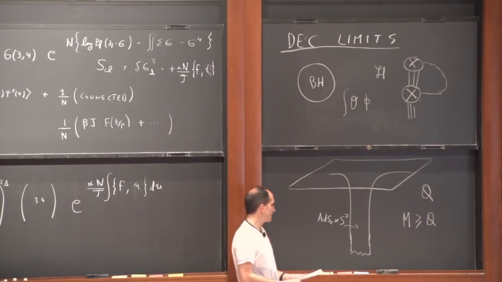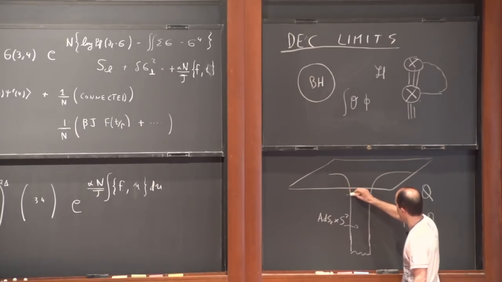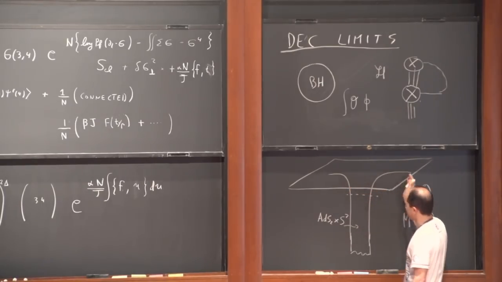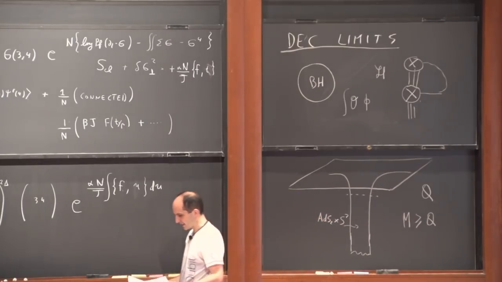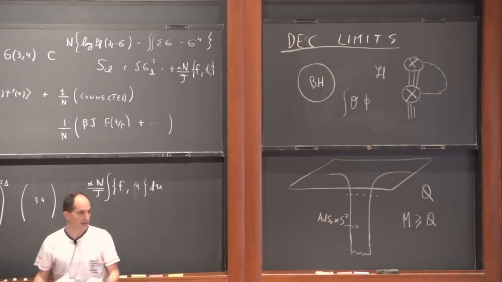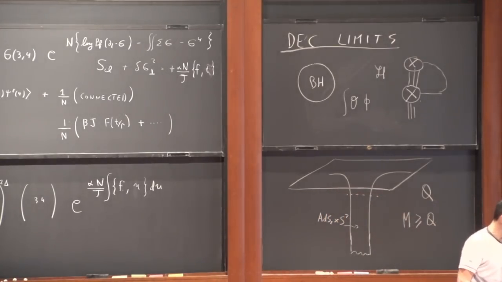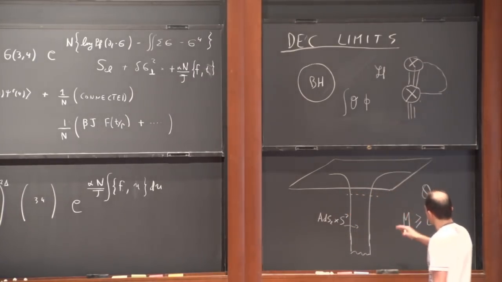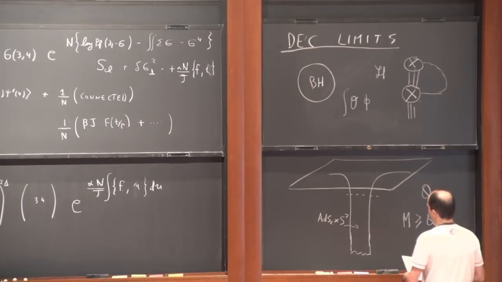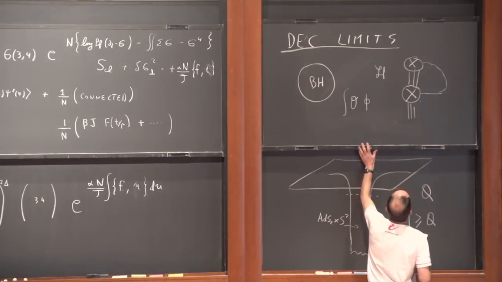And so in these cases, we have this long throat, and we can try to imagine decoupling this whole throat from the rest of the space. And of course, this is a method that works very nicely in higher dimensional ADS spaces and leads to the decoupling limit that relates conformal field theories to ADS spaces. But let's try to understand how that decoupling limit works in this case.